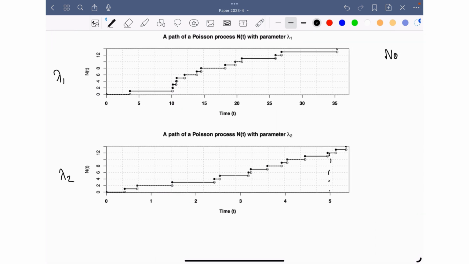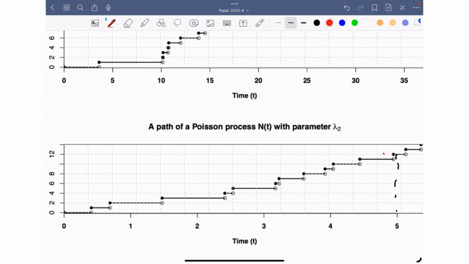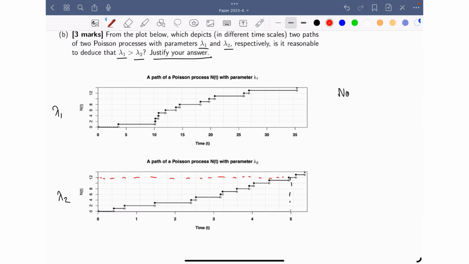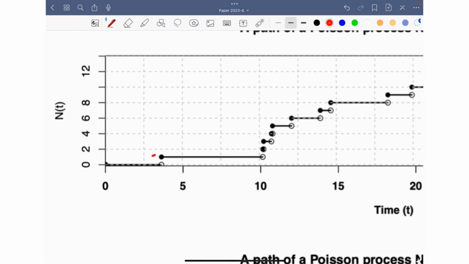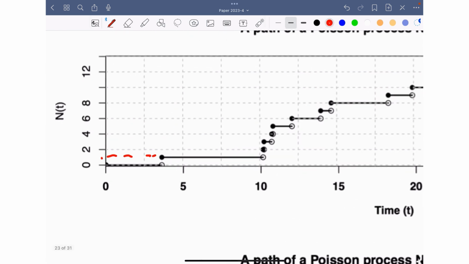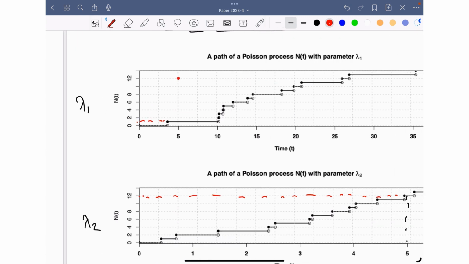And if we're looking at 5 here, we've got N(t) of 12. And if we look at 5 here, we've got N(t) of 2. So comparing this with lambda 2, we've got 1 at that point here.